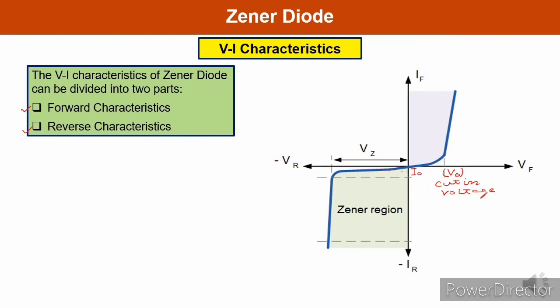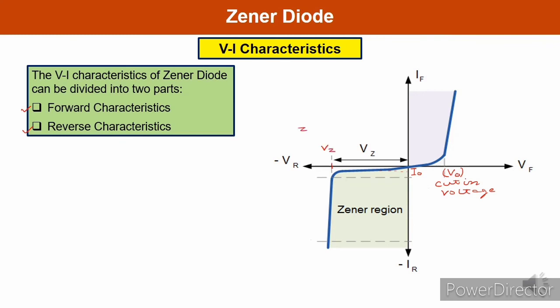This current is because of the thermally generated minority carriers, and at a certain value the reverse current increases suddenly and sharply, which is indicated by this particular point, and this point is known as the breakdown voltage. It is also known as the Zener breakdown voltage or Zener voltage, and it is denoted as VZ.